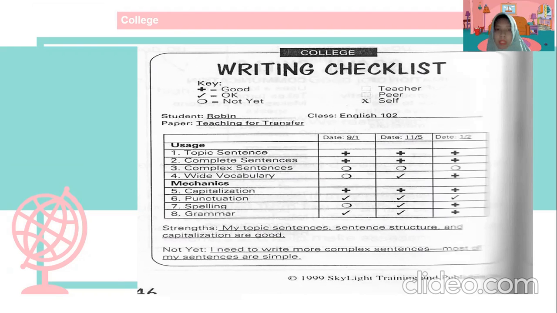As you can see here, Robin said that my topic sentence, sentence structure, and capitalization are good. In the not yet part, Robin put that I need to write more complex sentences. Most of my sentences are simple.